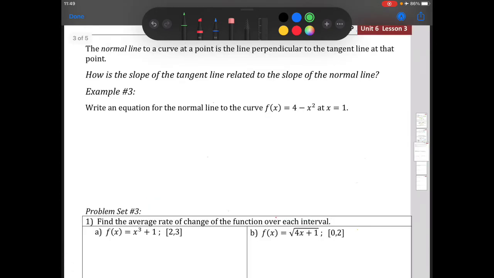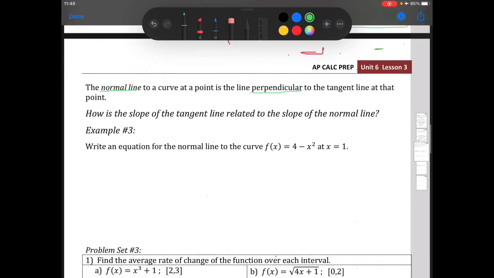Okay, so let's start the next one. The normal line to a curve at a point is the line perpendicular to the tangent line at that point. So the normal line is another word for saying that the line is perpendicular. Remember, when we're working with lines, two parallel lines have the same slopes.